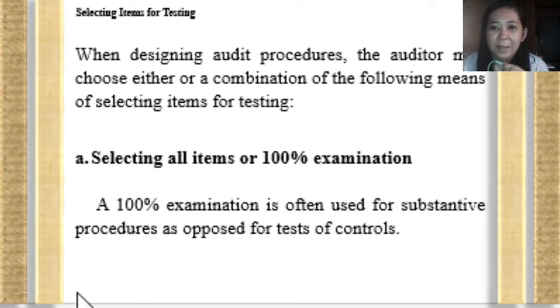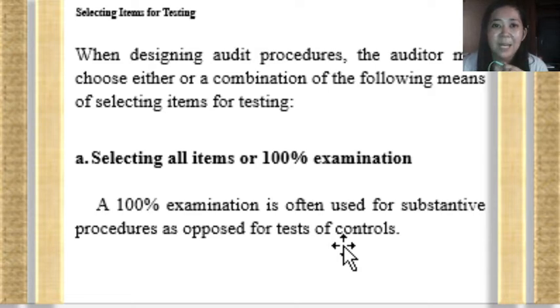Another point: 100% examination is often used for substantive procedures, as opposed to tests of controls. Meaning, the auditor often selects items 100% in performing substantive procedures, while for tests of controls, he may opt to just do a sampling test.